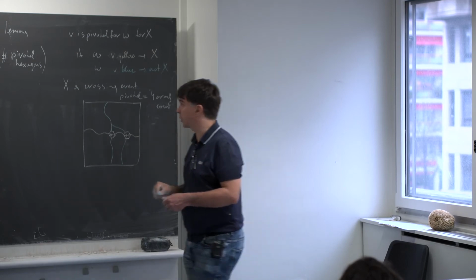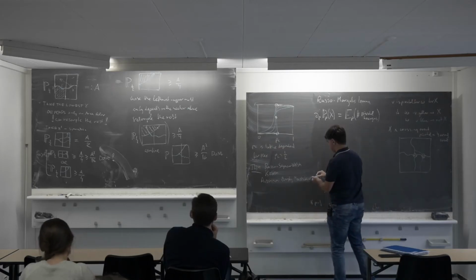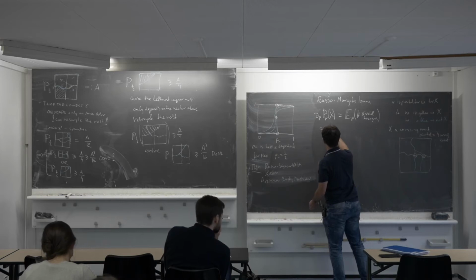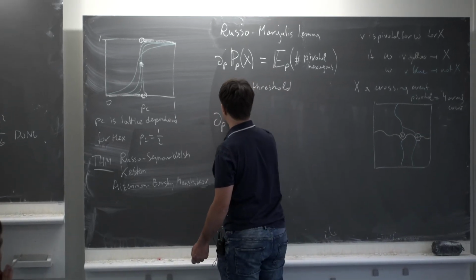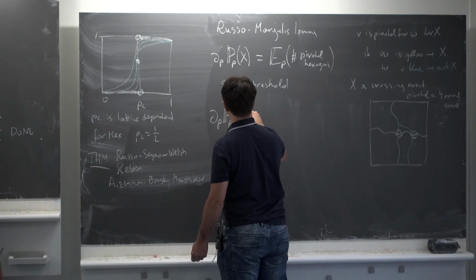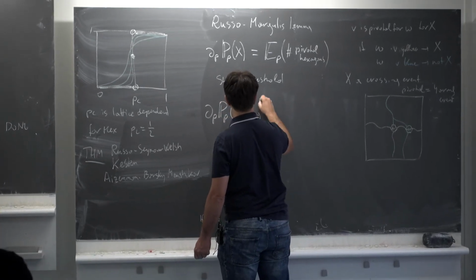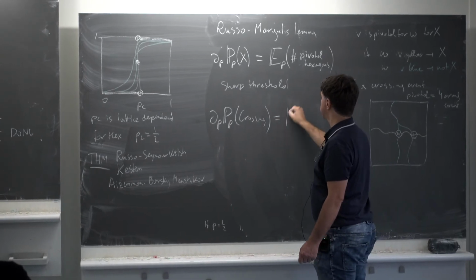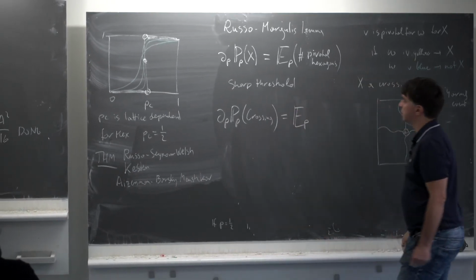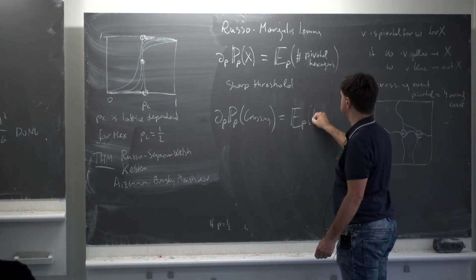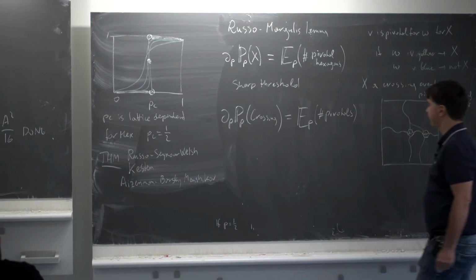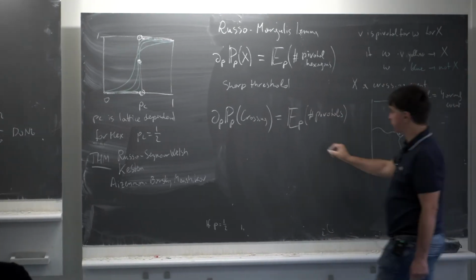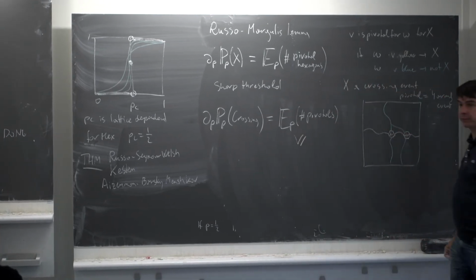So what I want to show is the sharp threshold. The derivative in p of the probability of the crossing event is equal to the expected number of pivotals. And I will write an estimate from below on this number.